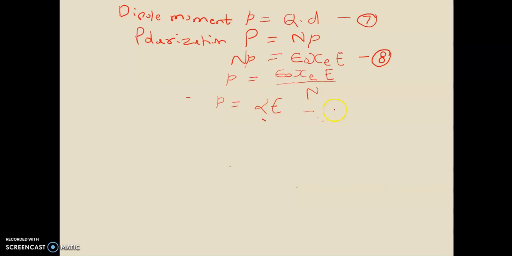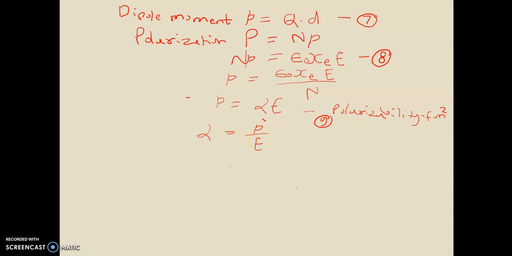Alpha is polarizability. We have seen its definition, and its unit is farad meter square. This is the ninth equation. So polarizability alpha is equal to dipole moment divided by intensity E.